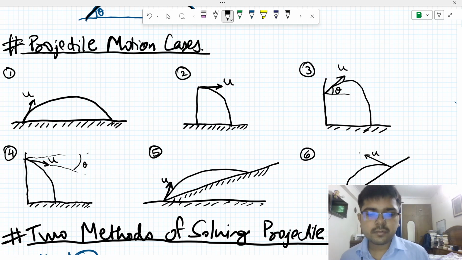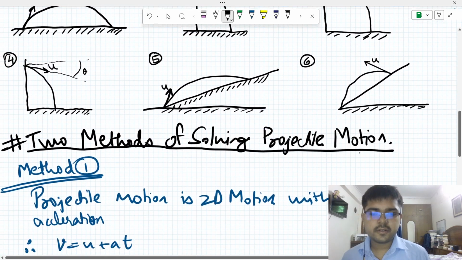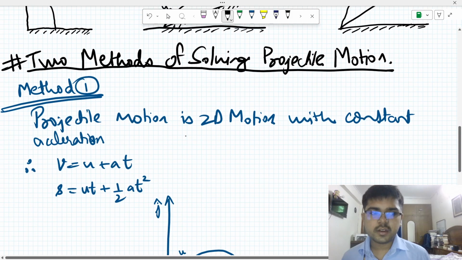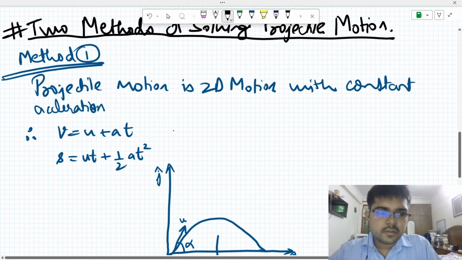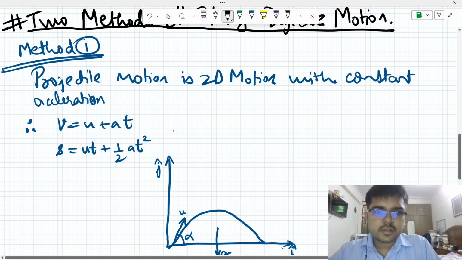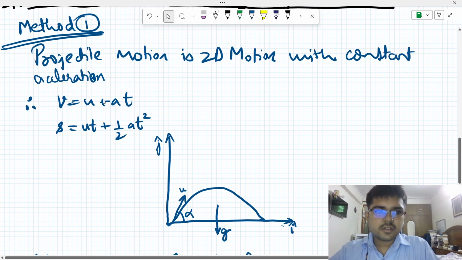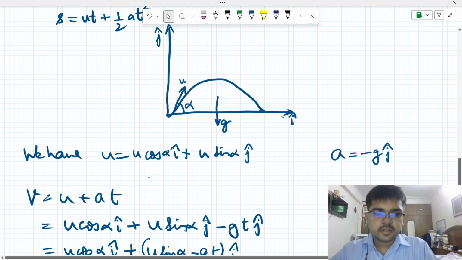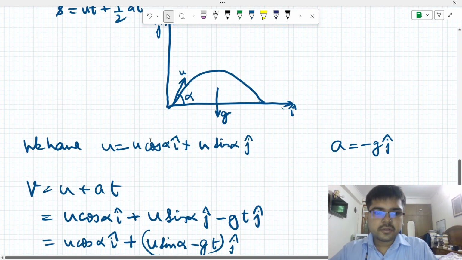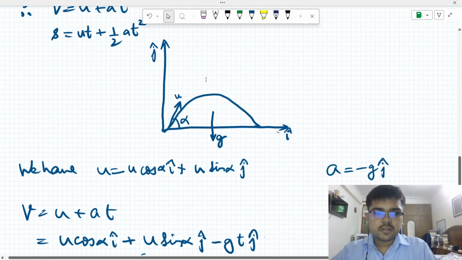Now we have two methods of solving projectile motion. Method one is what I am going to explain in this video. Projectile motion is 2D motion with constant acceleration. So we can use the equations v is equal to u plus at and s is equal to ut plus half at square. Now we have u is equal to u cos alpha.